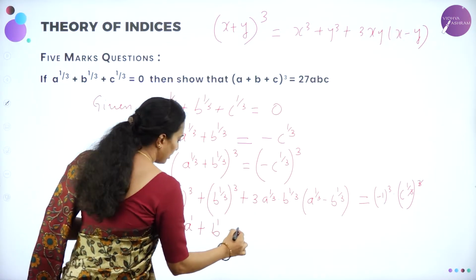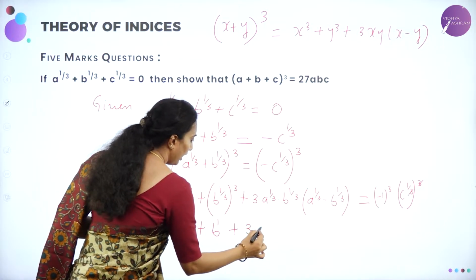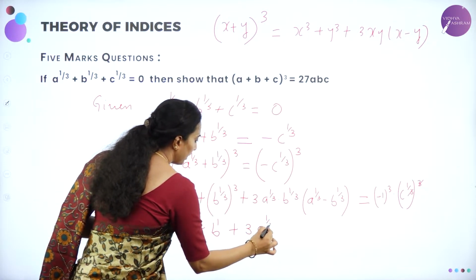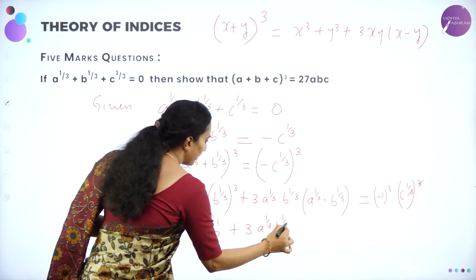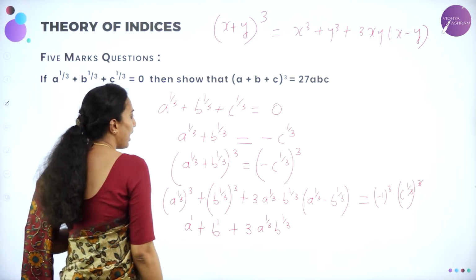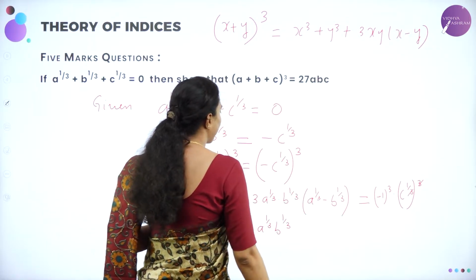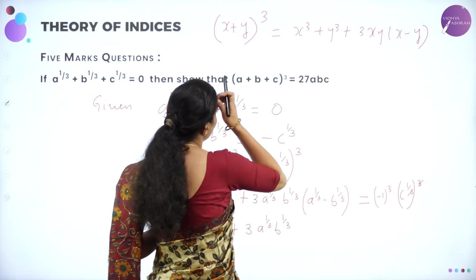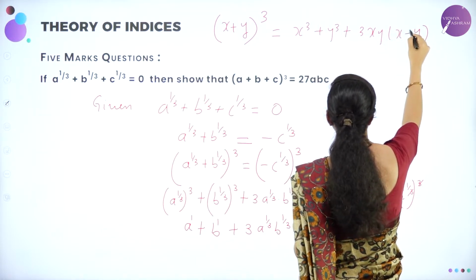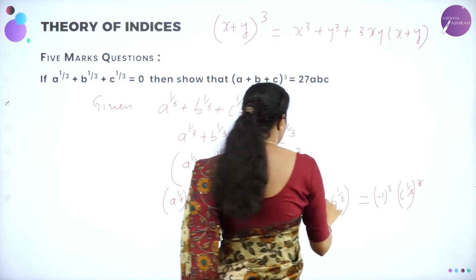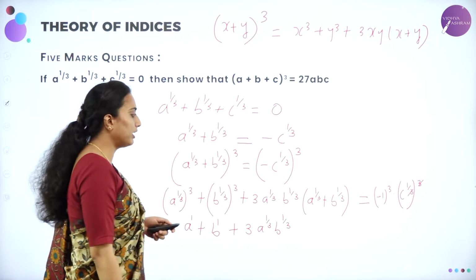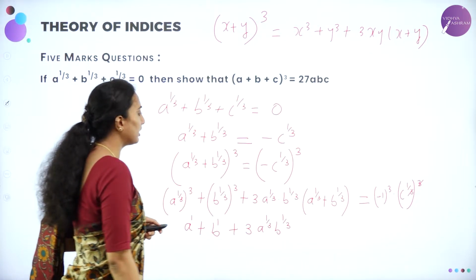So plus you are going to have 3 A to the power of 1 by 3, B power 1 by 3. Observe, dear students. So A power 1 by 3 plus B power 1 by 3 is nothing but what?